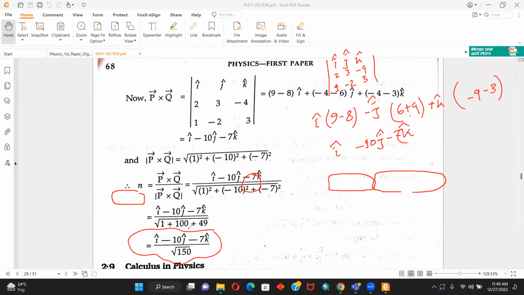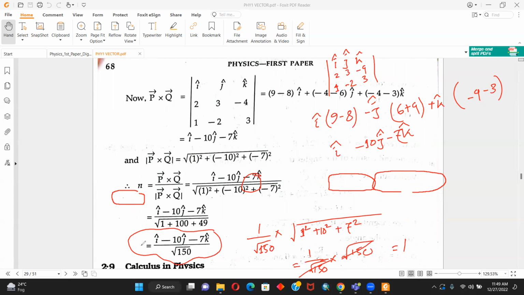Keep it as 1 over square root of 150, because these are normal numbers and this doesn't impact anything. Times the absolute value, 1 squared plus 10 squared plus 7 squared, so this equals 1 over square root of 150 times square root of 150. They cancel each other out, and we get 1. That means this vector's absolute value is 1.